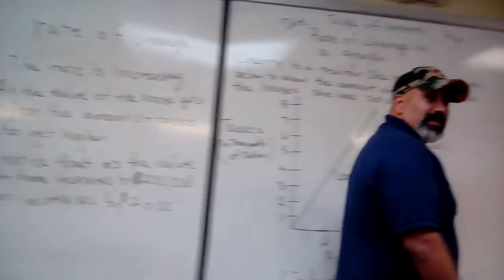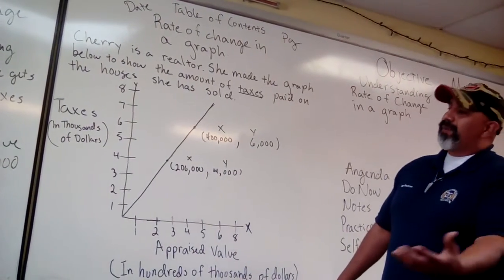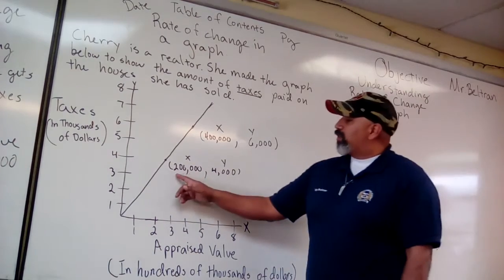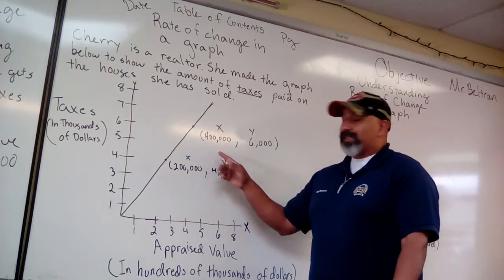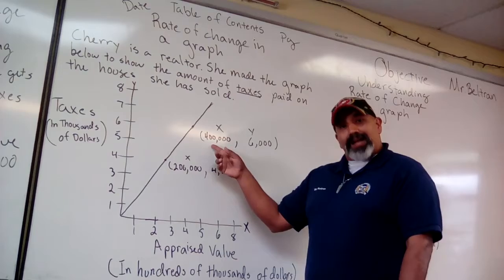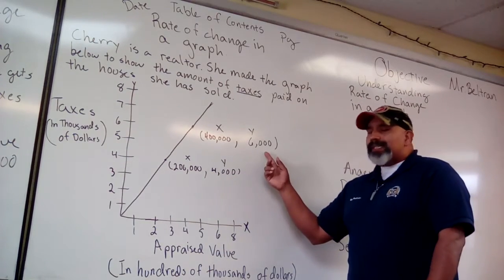The constant of proportionality. And how do we get that it increased by $200,000 and by $2,000? Right here we're at $200,000. How do we get from $200,000 to $400,000? Well, you add $200,000 and you get to $400,000. Right here we're at $4,000. How do we get from $4,000 to $6,000?